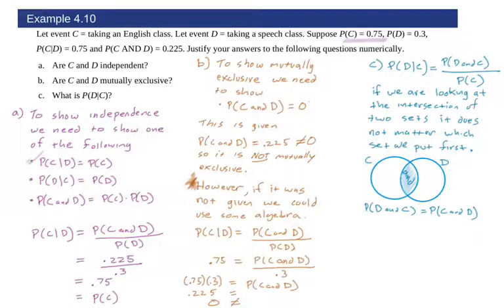So the probability of D and C is really the same as the probability of C and D. So for AND, it's commutative. We could swap the order of those and it won't make a difference because we're just pulling items. Plugging this in to our formula here, we're going to get 0.225 over 0.75, and we get 0.3.